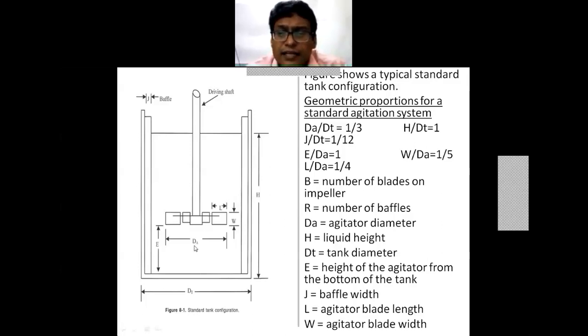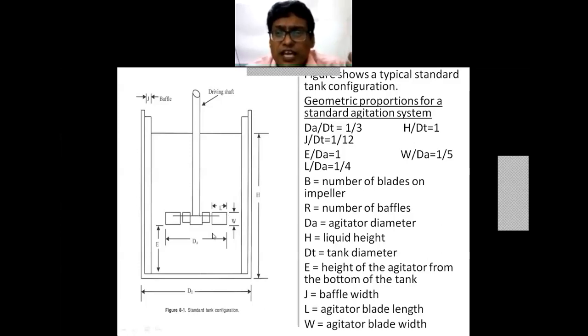Then Da is the diameter of the agitator, or specifically the diameter of an impeller. W is the width of an impeller blade, L is the length of the impeller blades.